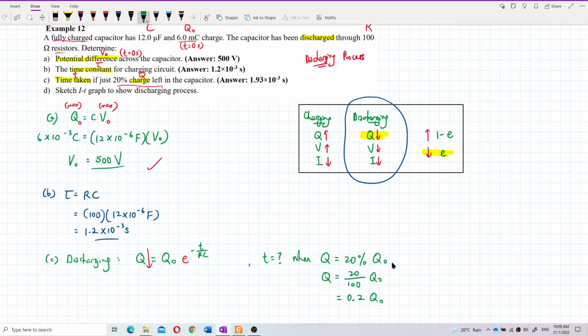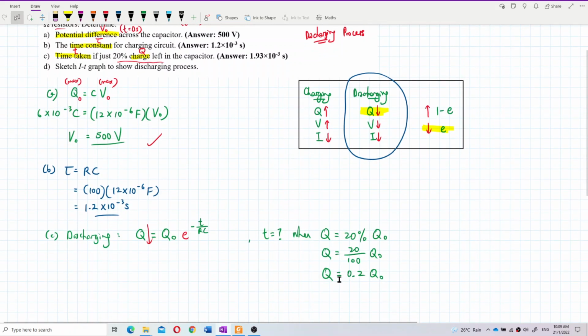So that's our Q. Q becomes 0.2 Q naught.